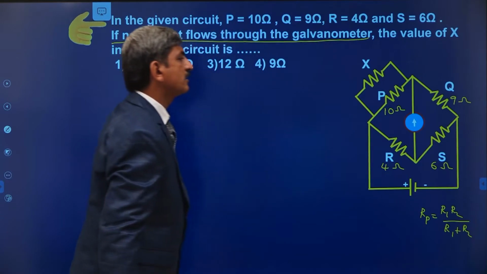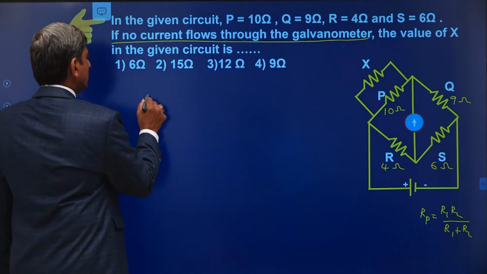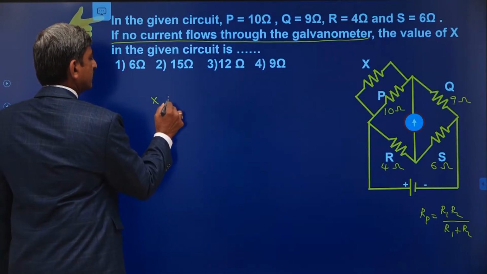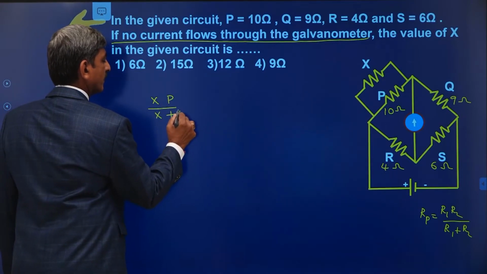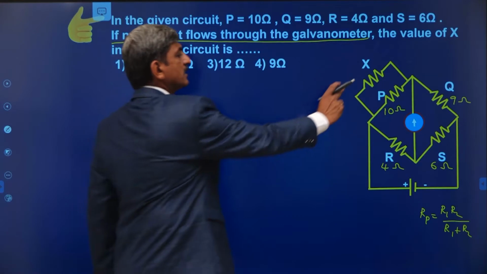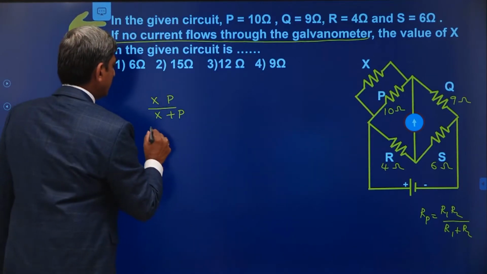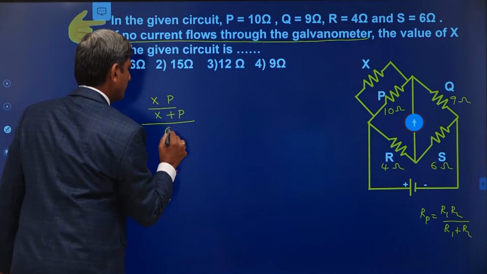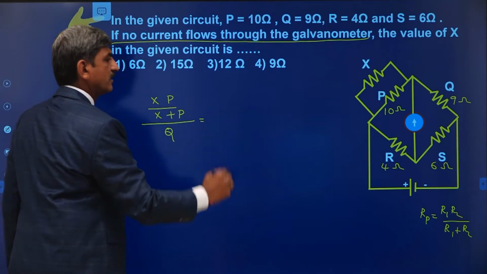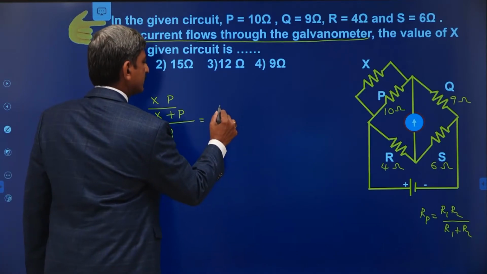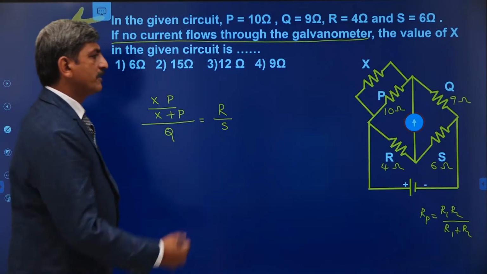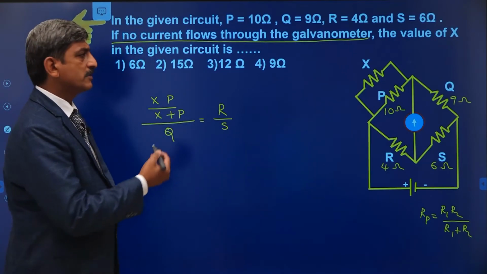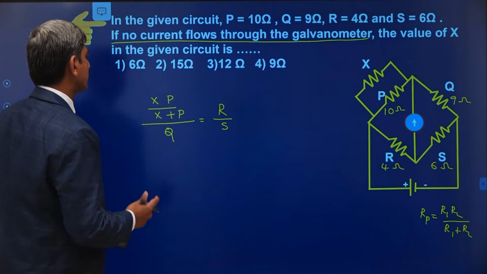Using this formula, we have XP divided by X plus P. This is the resistance in the first arm, divided by Q is equal to R by S. Now by substituting P, Q, R, S values, we can find out the X value.